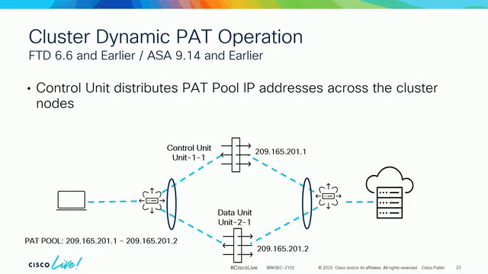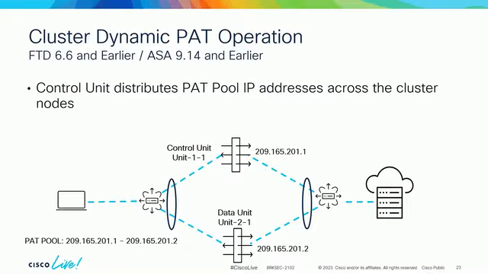In a cluster environment, we have two cluster roles. We have the control unit and the data unit. And the control unit is the one that will divide each IP address within a PAT pool into all the nodes in the cluster. And thanks to the per-session PAT feature that we just discussed, each node will be able to own an IP address and to allocate translations using that IP address.